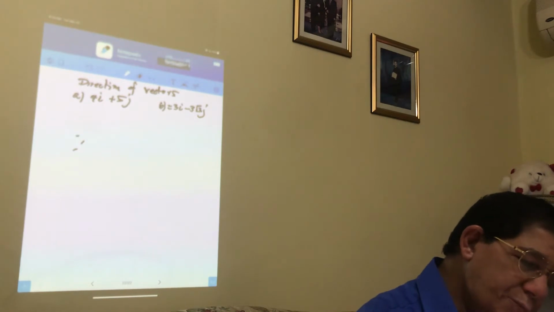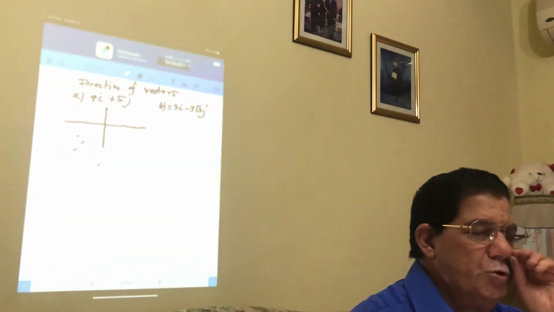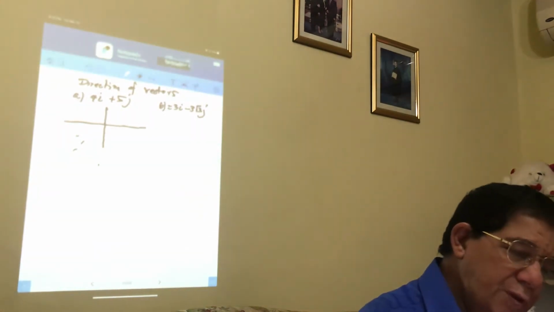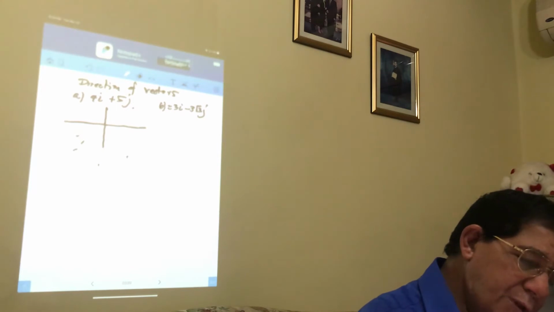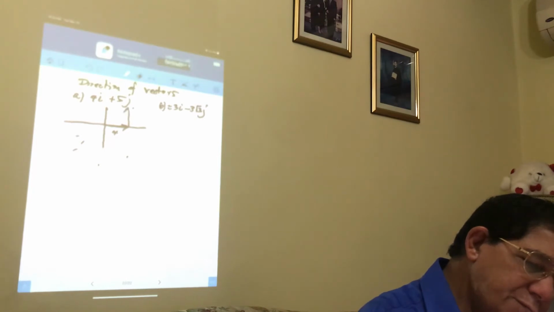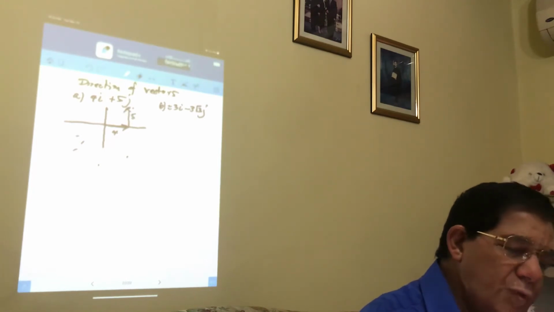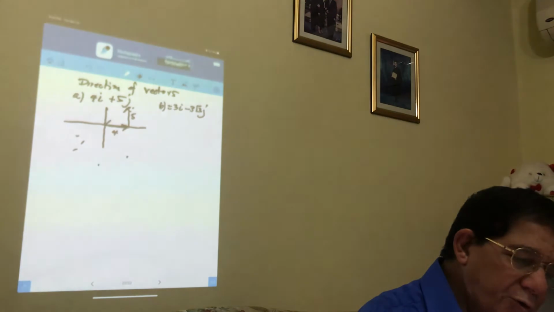Draw it. Now the vector 4i plus 5j means the x is positive and the y is positive, therefore the vector is here. This is 4 and this is 5. Therefore this is the vector.